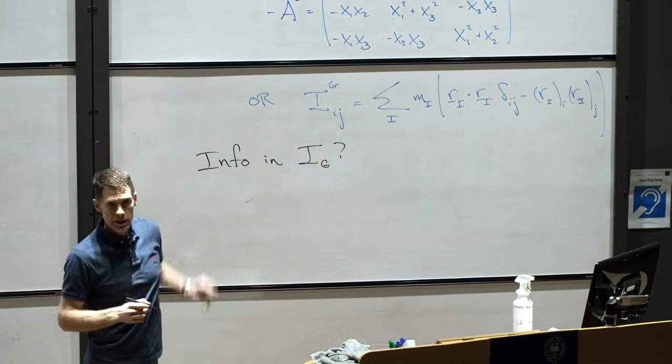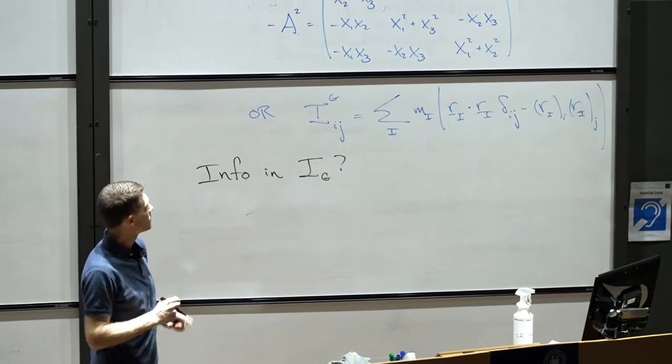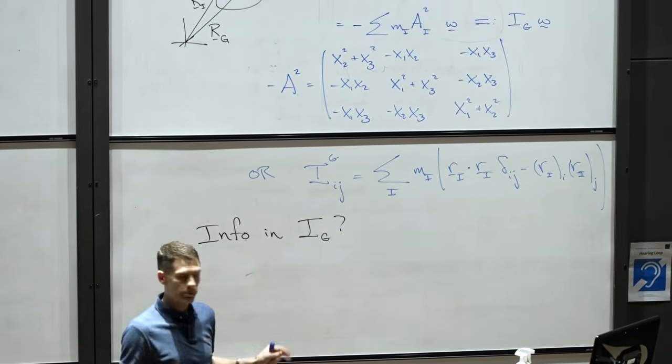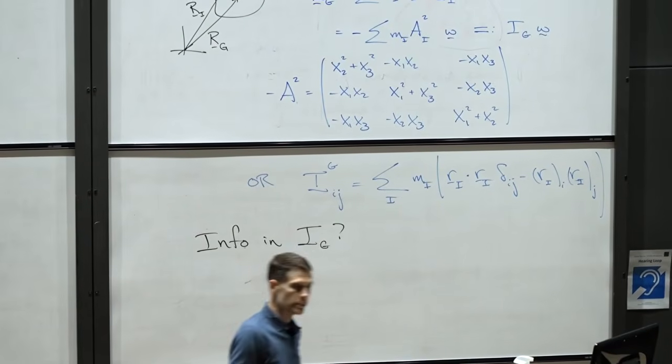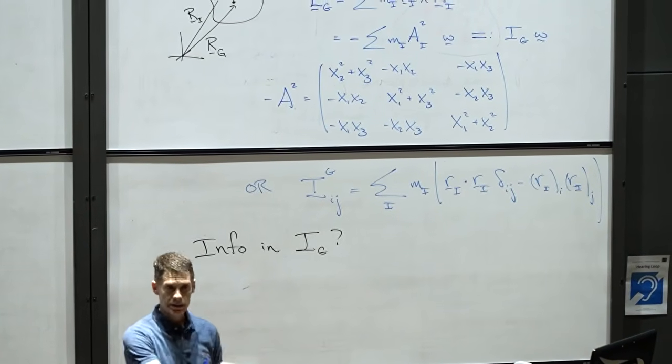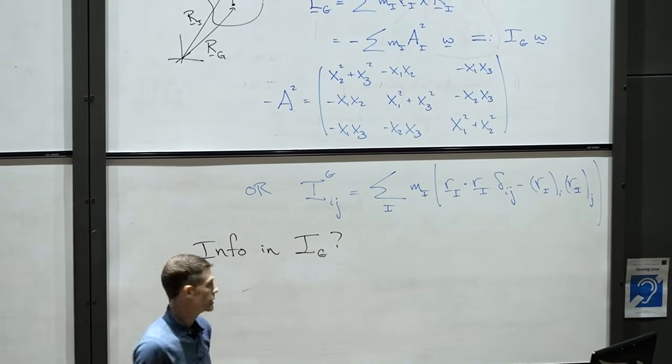Well, it's got the m_i there too, and I'm summing. I'm going to turn this into an integral in a moment, in a continuum limit. It's really telling me the distribution of mass around each axis of rotation.